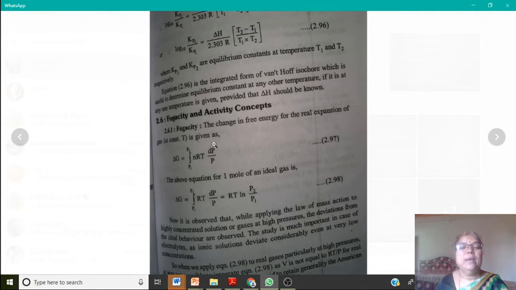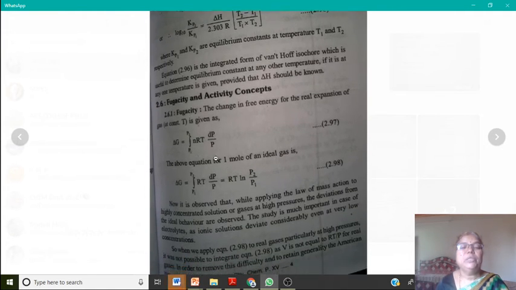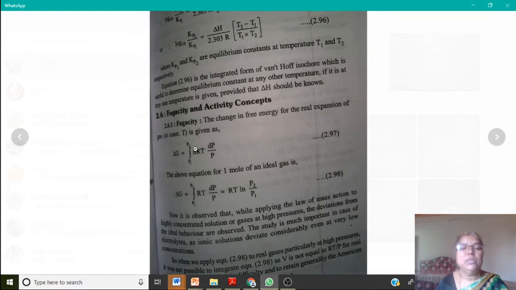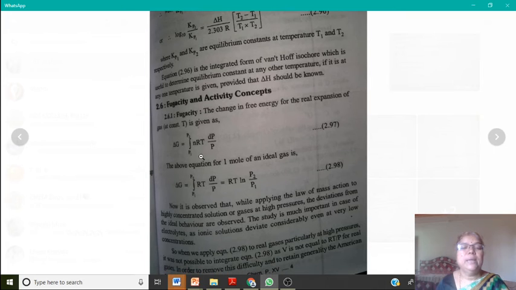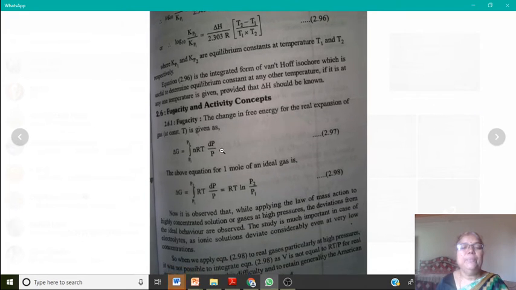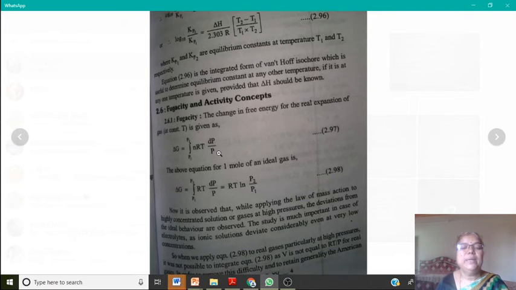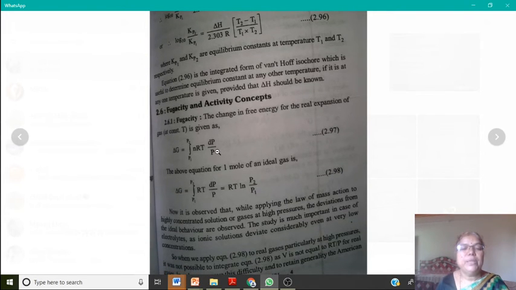For any gas expansion from lower pressure P1 to higher pressure P2, we can write the change in free energy by this expression. This term is the variation of pressure.